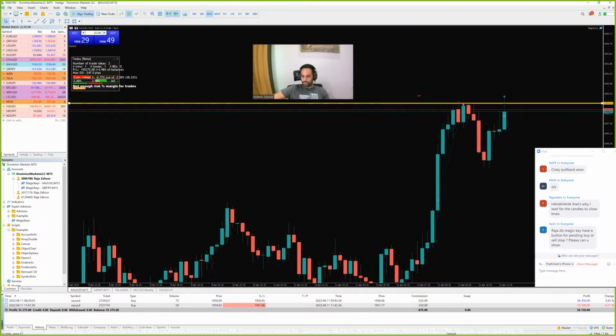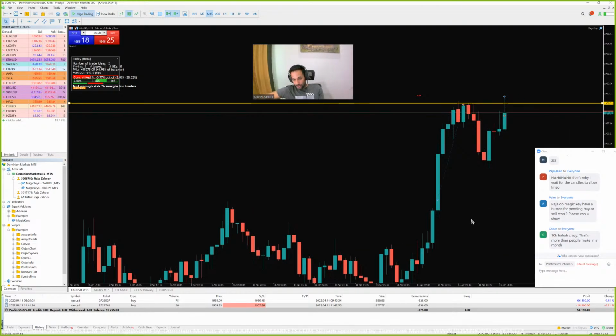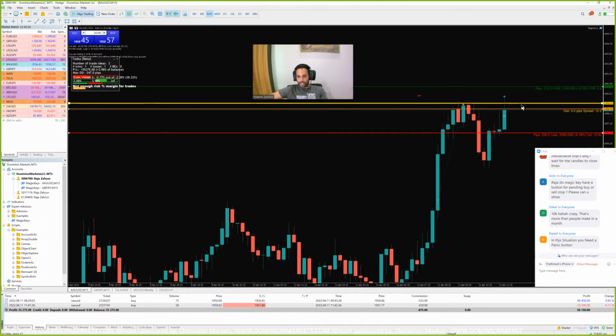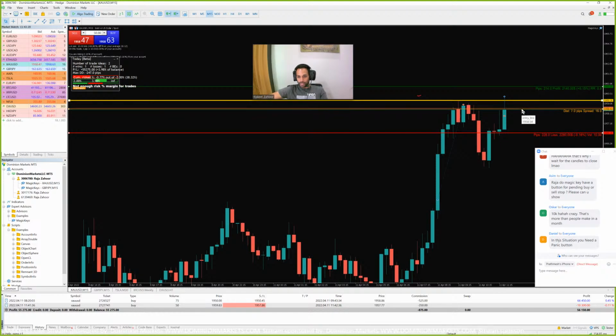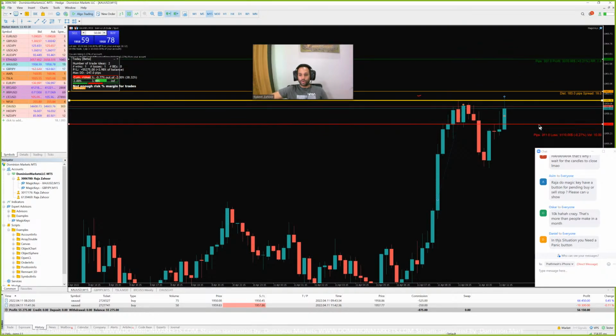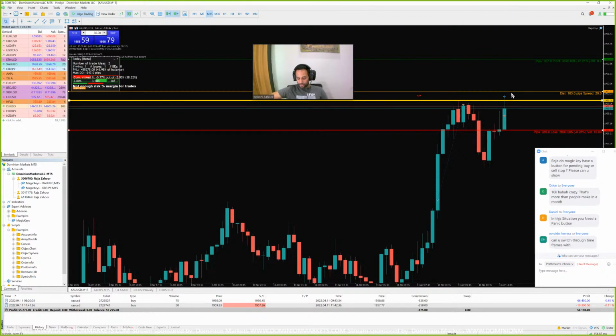Do magic keys have a button for pending orders? Yes, it does. What you do is open calc. Oh, it wasn't even on. You open calc, hit market pending, and you get this yellow line, and you can place it wherever you want. Let's say I want a buy stop, I can place this right over here. My risk is whatever risk I want, and that's a buy stop.